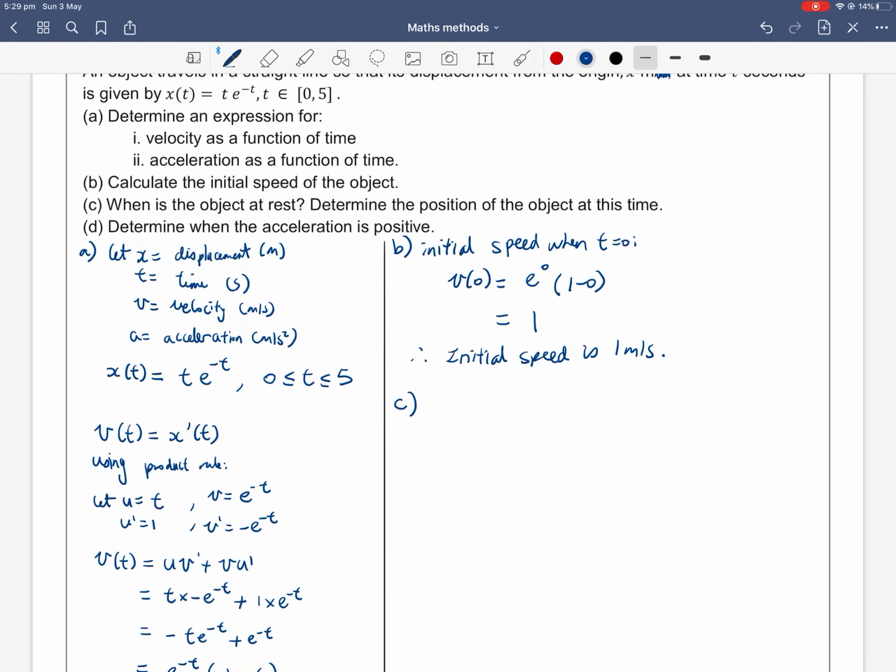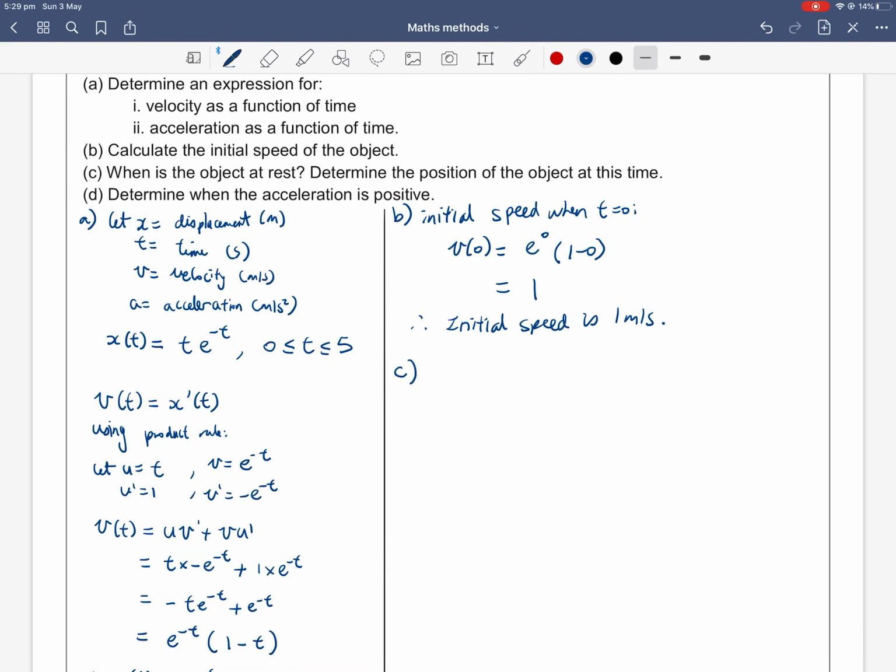Part C, when is the object at rest, and work out the position of the object at this time. The object is at rest when the velocity is 0, because it's not moving. So we need to solve for when v equals 0. So 0 equals e to the negative t lots of 1 minus t.